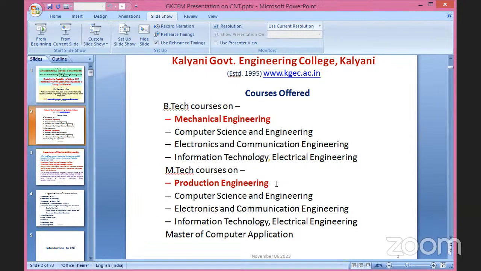Next year, computer science and engineering started their MTech course, in 2004. Then in 2005, electronics and communication engineering, and later on, information technology and electrical engineering also started their MTech courses. Along with this, there is a Master of Computer Applications course offered in this college, and it is unique because no other government college offers this MCA course.